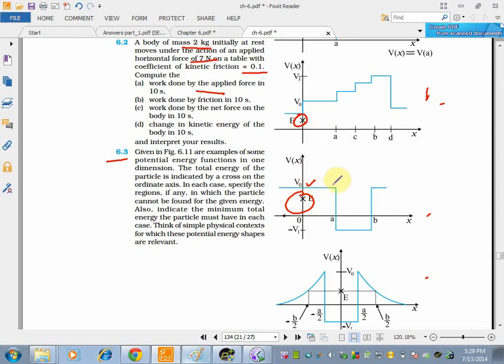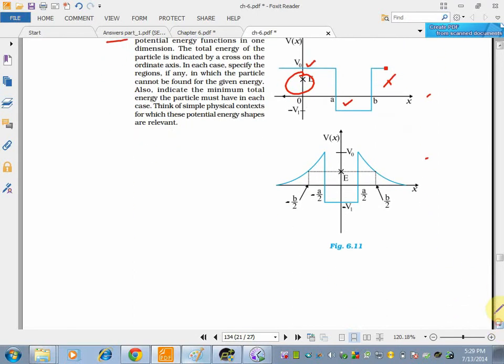And this graph is not possible from minus infinity to A, because at A, V has become lower than E. So this portion is correct, but this is again wrong, because again the potential energy has become more than E, the total energy, which is not possible.